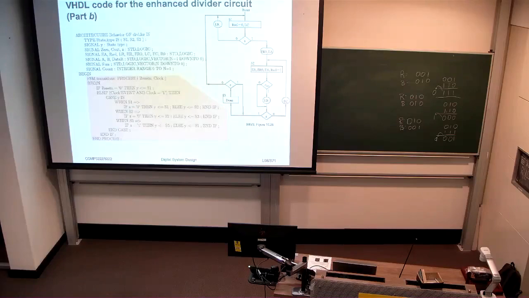Note that the sum register is 1 bit larger. It's n down to 0, not n minus 1 down to 0. That's so that we can capture that carry out and examine it. And we have our count value, which is an integer in the range from 0 to n minus 1. So it starts off at n minus 1 and counts down.